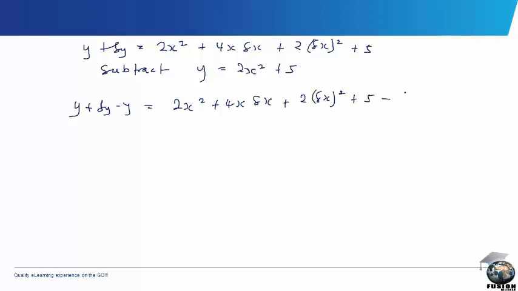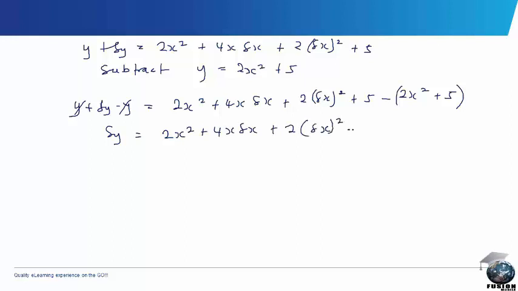Y takes care of y, so we are left with dy, and then we have 2x squared plus 4x dx plus 2 dx all squared plus 5 minus 2x squared. The minus goes into the bracket, and minus times plus gives minus 5. At this point dy is equal to: 5 minus 5 goes, 2x squared minus 2x squared goes, so you have 4x dx plus 2 dx all squared.